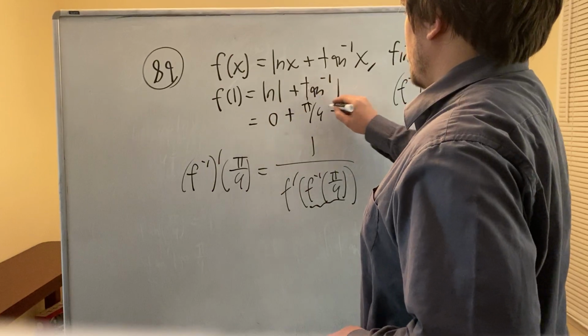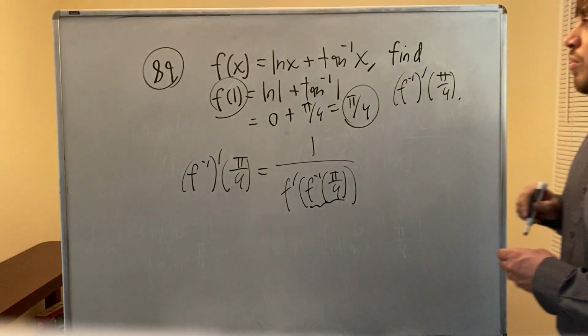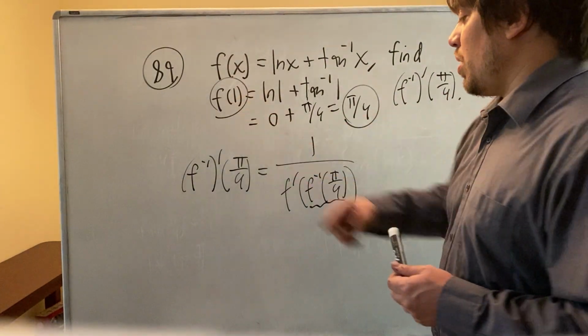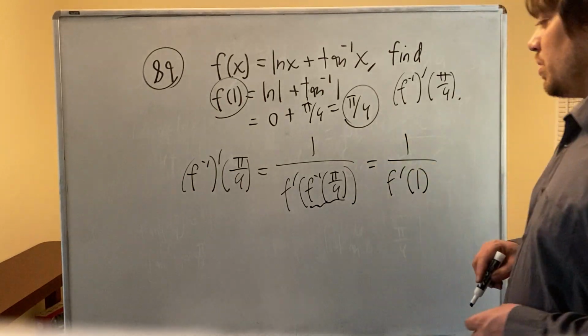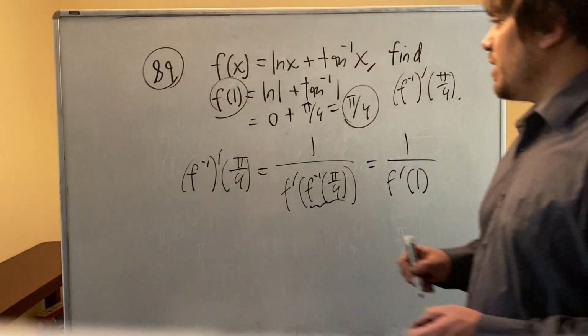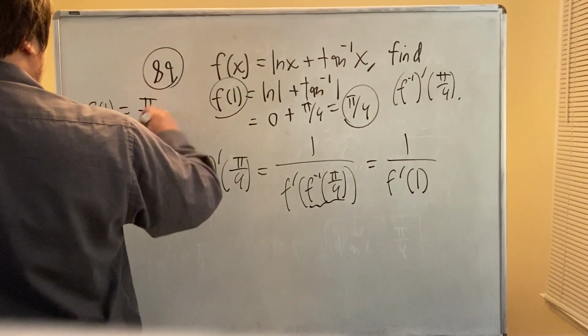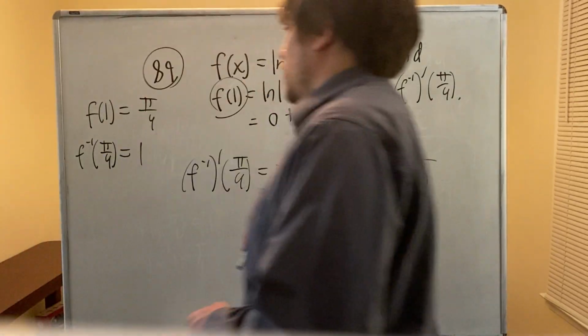So that's 0 plus pi over 4, which is pi over 4. So f of 1 is pi over 4. That means f inverse of pi over 4 is 1. So this is equal to 1 over f prime of 1. The fact that f of 1 equals pi over 4 means that f inverse of pi over 4 is equal to 1. It's the opposite direction.